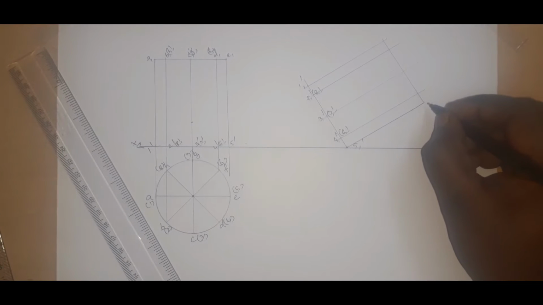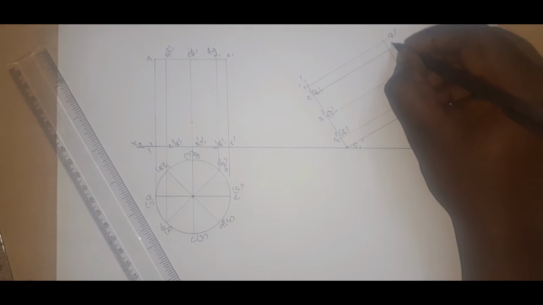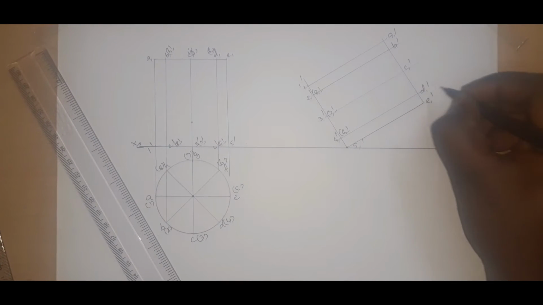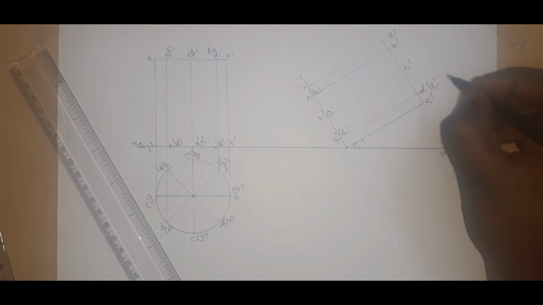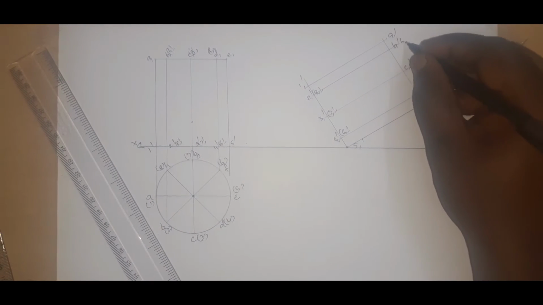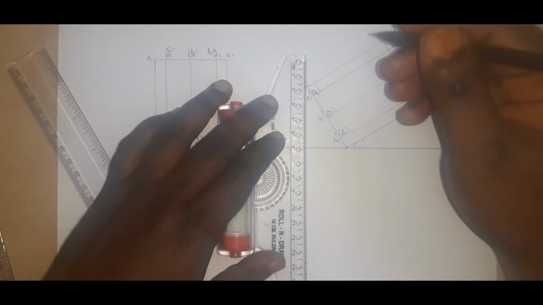Next, here at the top, E1 dash. Here A1 dash, B1 dash, C1 dash, D1 dash, F1 dash, G1 dash, then H1 dash. These are the points. Now we are going to project all the horizontal and vertical lines.